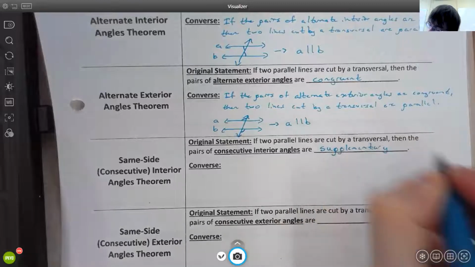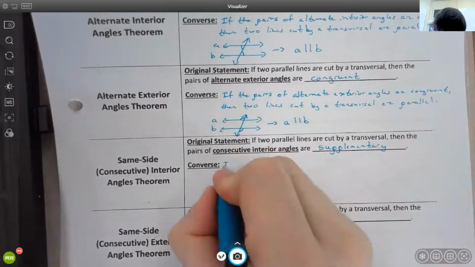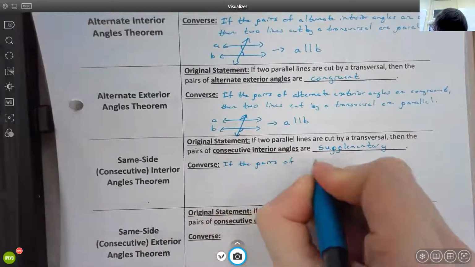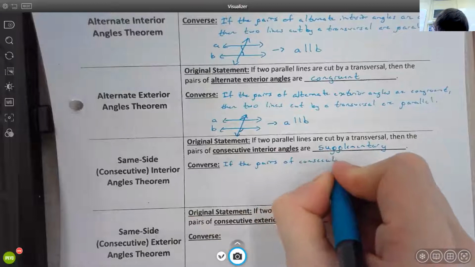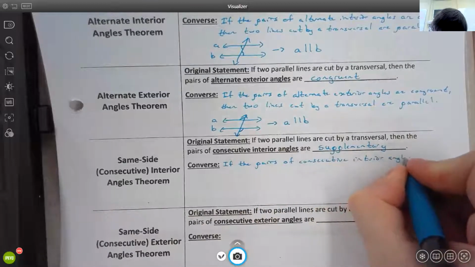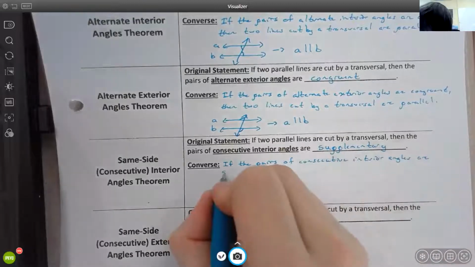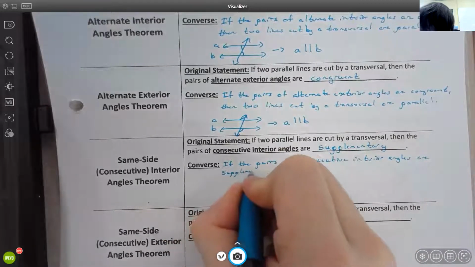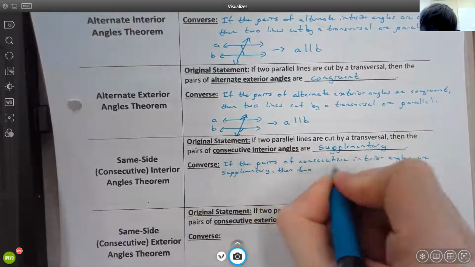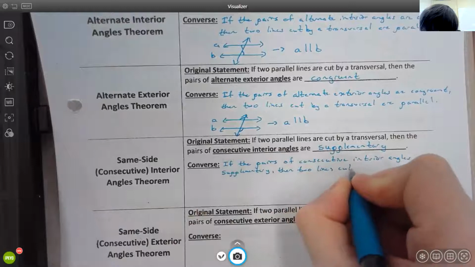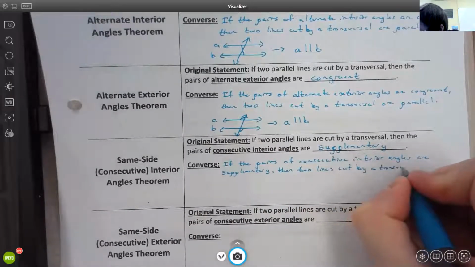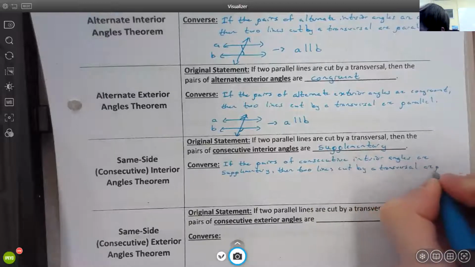So again, if the pairs of consecutive interior angles are supplementary, then two lines cut by a transversal are parallel.